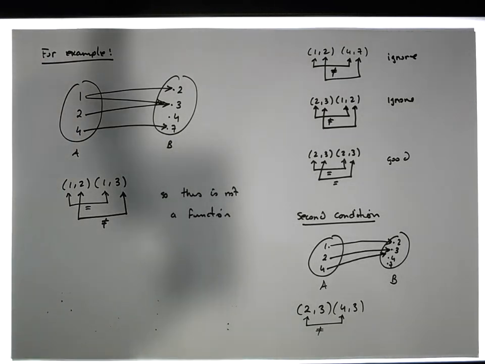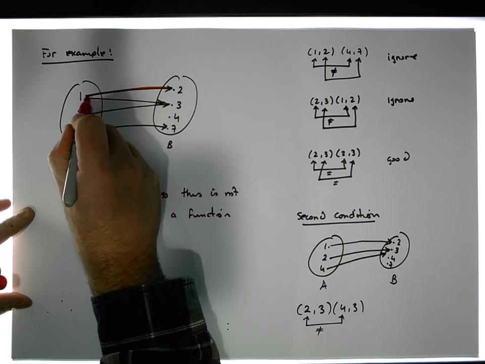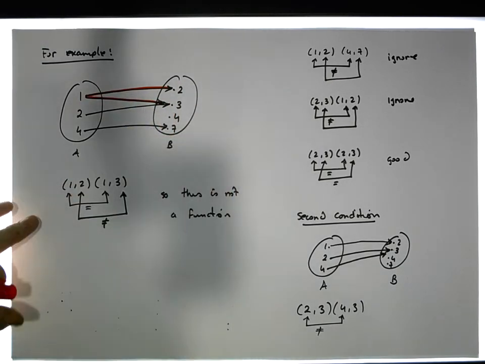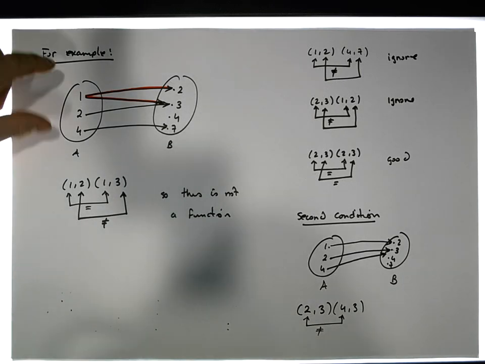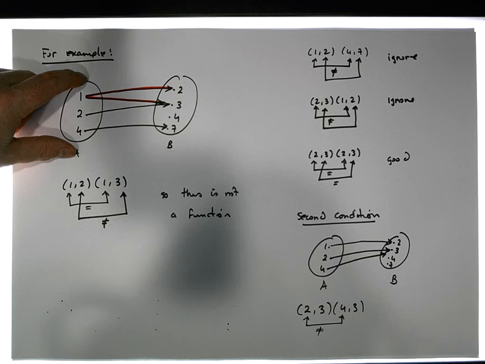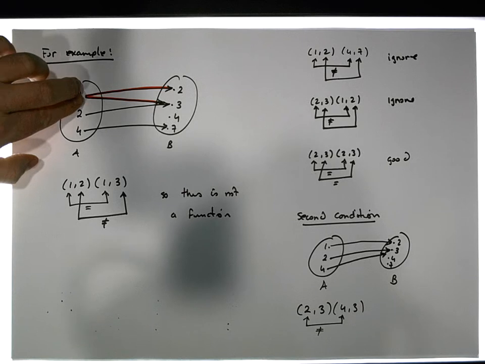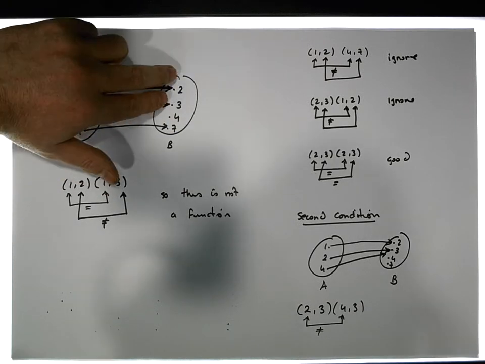There's a line coming out here, and there's a line coming out here, going to different values from the same value. What we mean by a function is that a function maps every value in this set into some other value over here, but we never have two arrows leaving a single value over here going to different values over here.